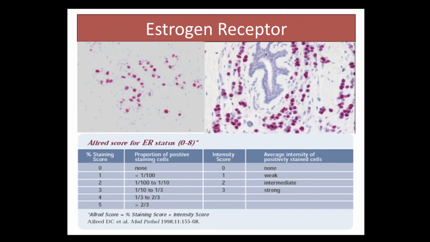In a breast cancer, the typical tests that are done are stains for markers that include estrogen receptor, progesterone receptor, HER2, and other key markers. This is a very important step because the information from these markers actually guides therapy.